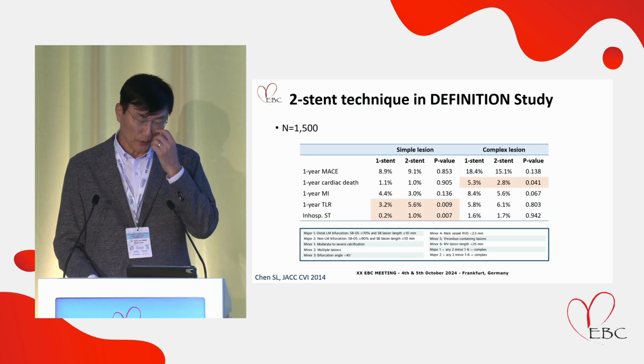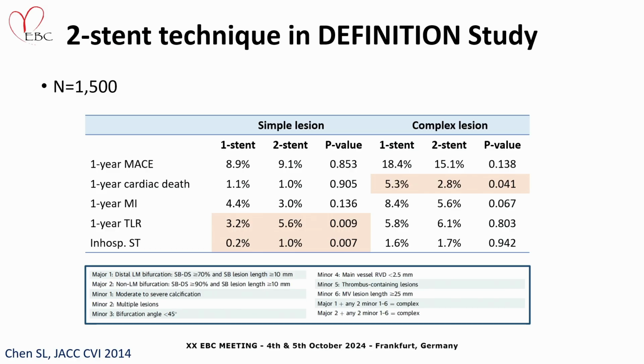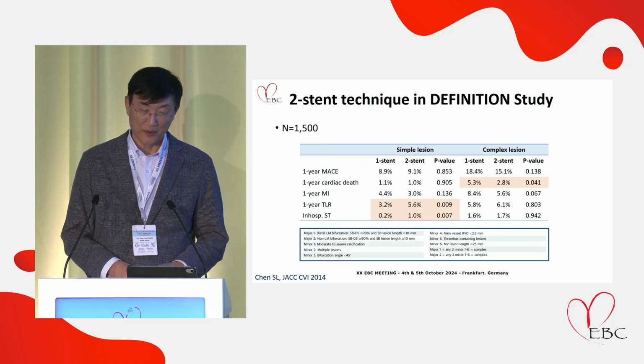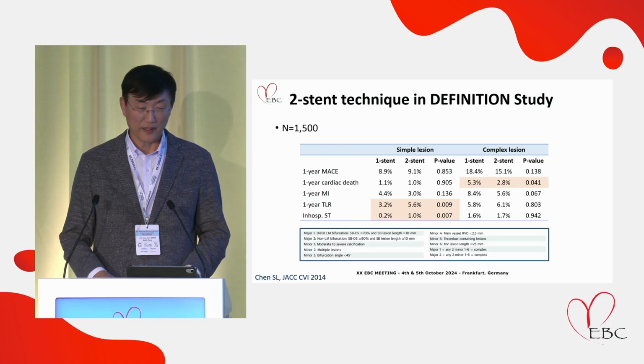As you know about the DEFINITION study and DEFINITION II trial, they found that the two-stent technique works better in complex lesions, but it is not true in simple lesions, where the one-stent technique is better. I am happy about this idea, actually, but I'm not happy about the criteria for complex lesion.